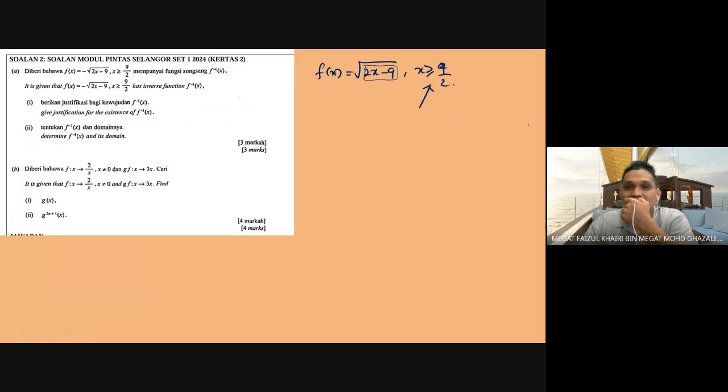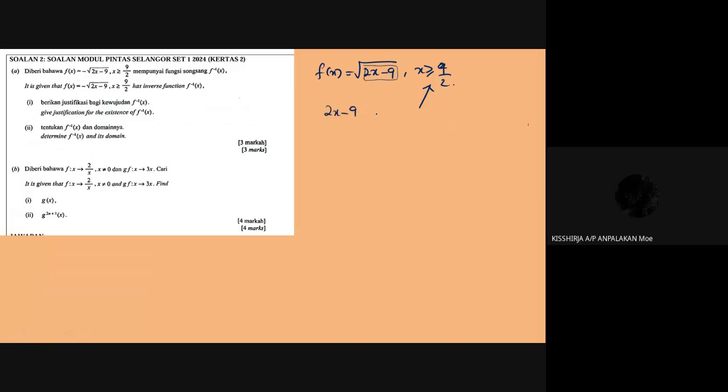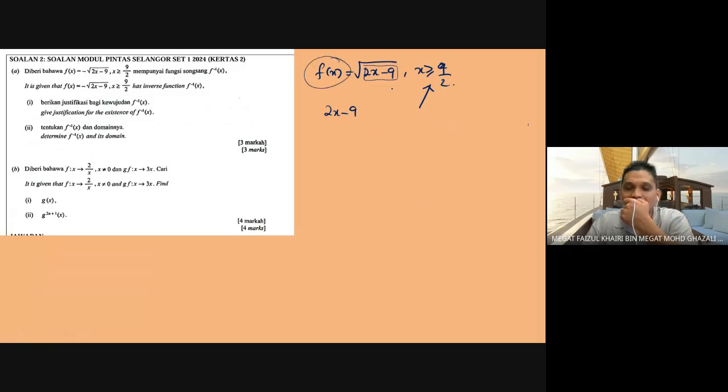2x minus 9 is greater than or equal to 0. This function fx is valid for real numbers if 2x minus 9 inside the square root sign is positive, greater than 0, or at least equal to 0. 2x minus 9 cannot be less than 0, a negative number.